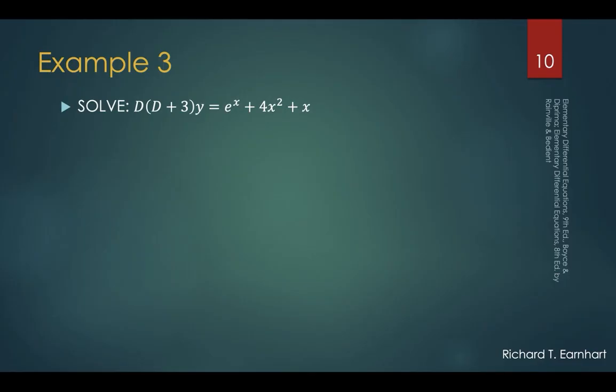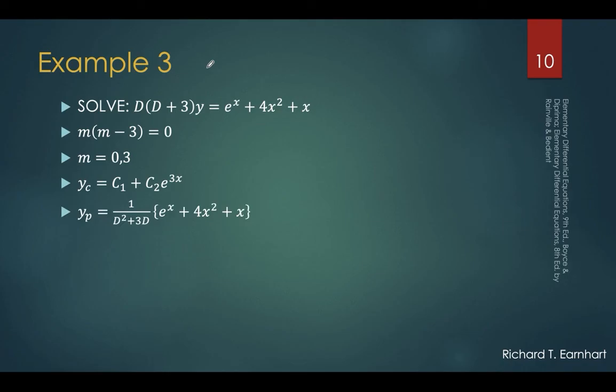Okay, so let's work on this problem that involves an exponential function. Okay, so let's start with the complementary solution again. So the roots are 0 and 3. That gives you c1 plus c2 e to the 3x. Okay.